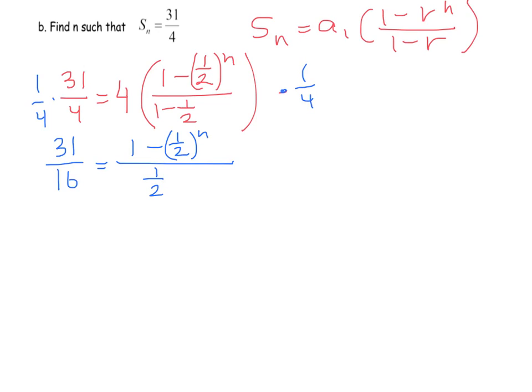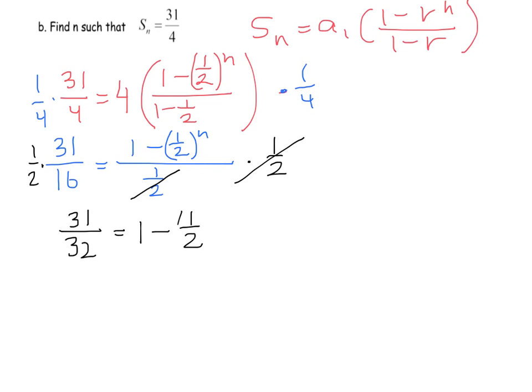Now if I multiply both sides of the equation by 1/2, I eliminate my 1/2 and have 31 over 32 equals 1 minus 1/2 to the nth power.